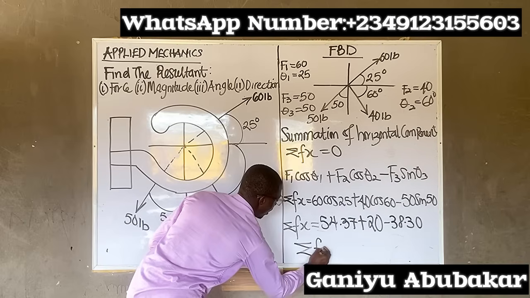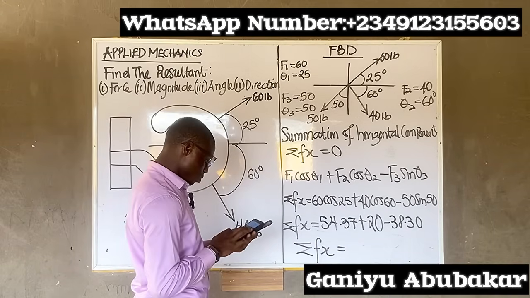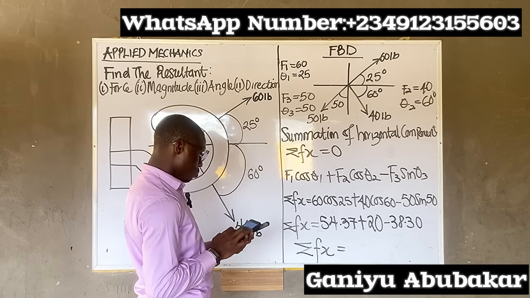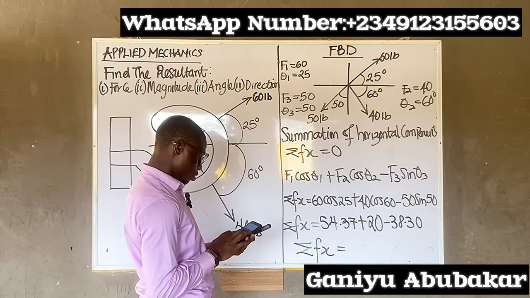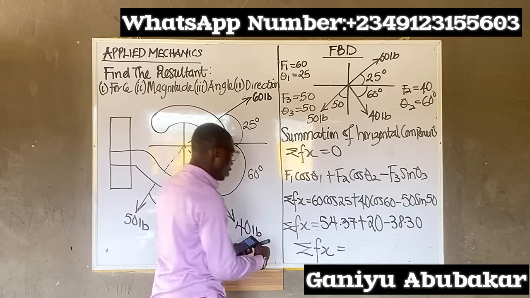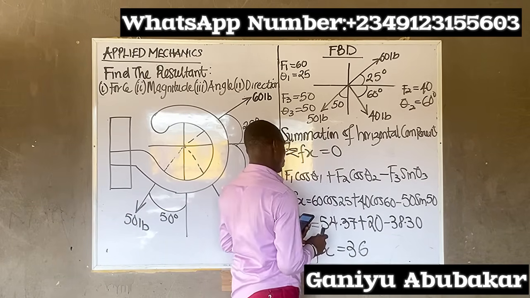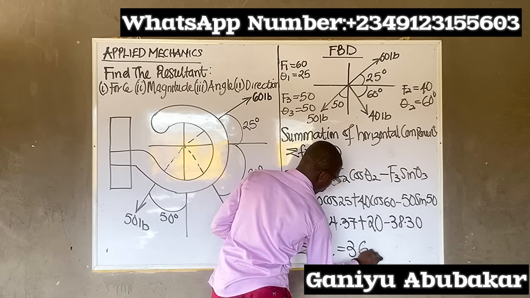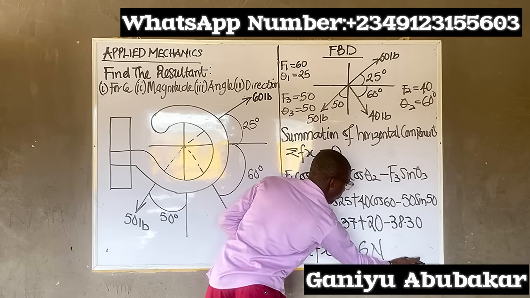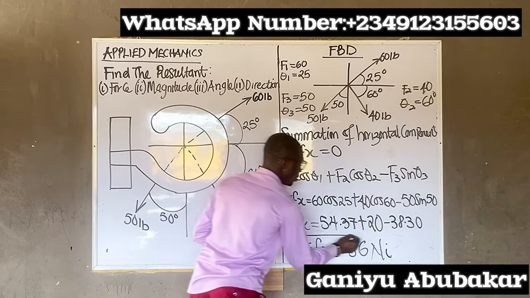Summation of Fx now will be equal to 54.37 plus 20 minus 38.30. This might give you 36 Newton if you want to, right? 36 Newton. All right. That's Fx. I need this value.